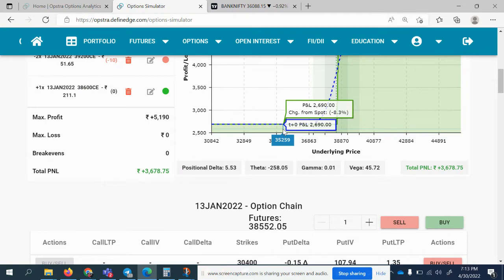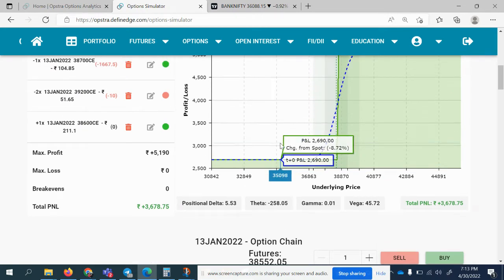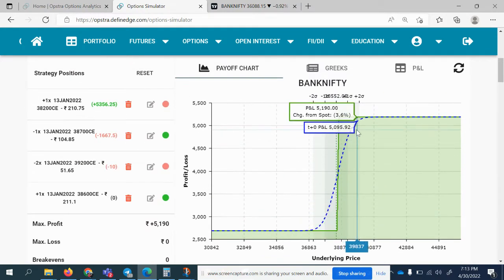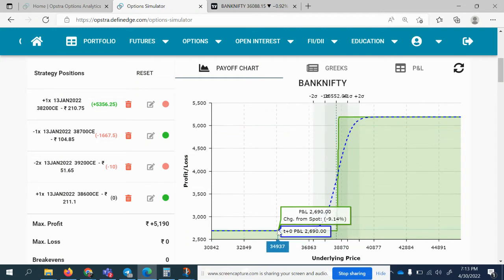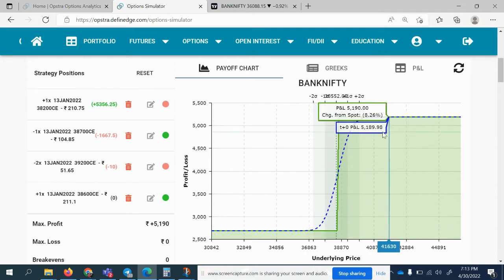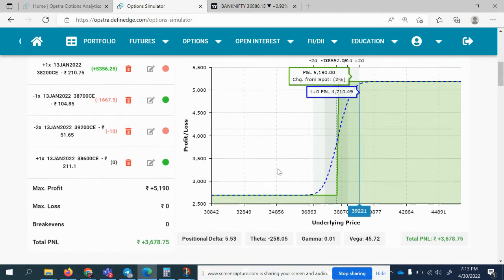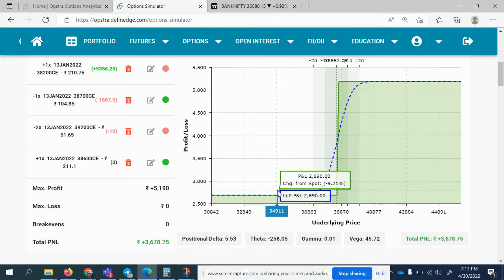You have 2,690 on the downside, and on the upside you have 5,190. 2,690 on a capital of 25,000 is almost how much? More than 10%, and here you have like 22%. So you have locked the profit.